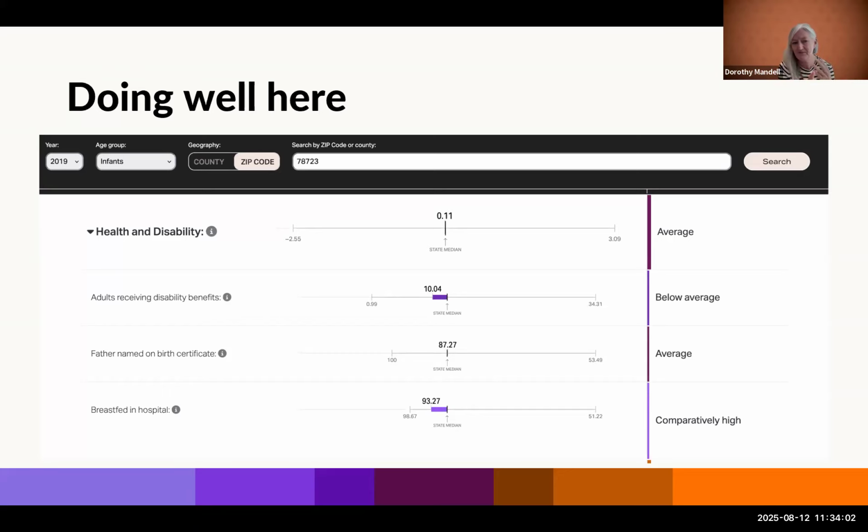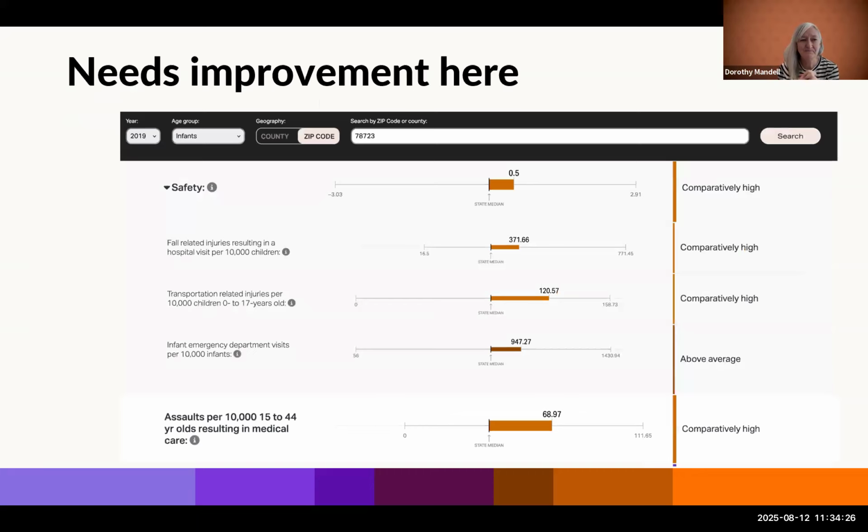Everything's kind of blue and purple, which is what we want. Yay. It's not on the orange side. So they're really hitting it when it comes to fathers being named on the birth certificate. That's about average. Good rates of breastfeeding and low rates of adults receiving disability benefits. So let's go to the next slide.